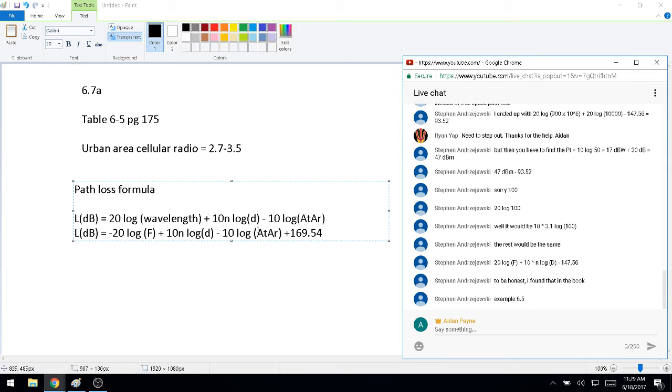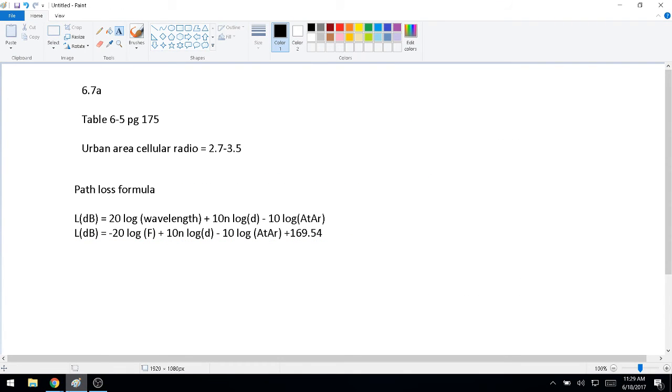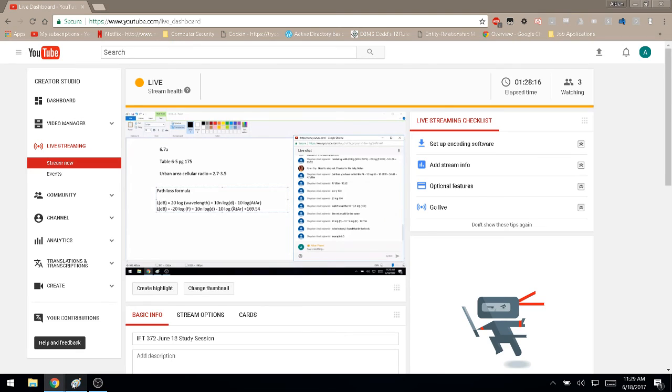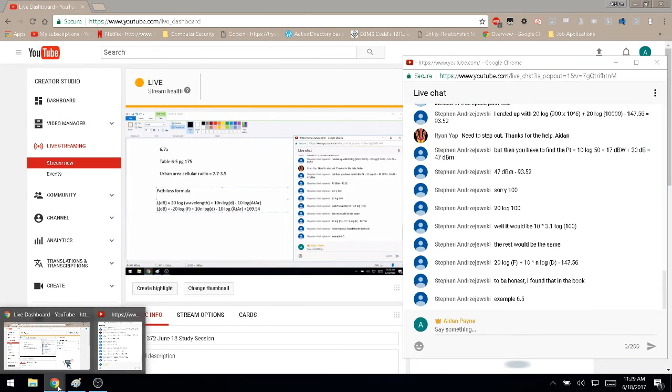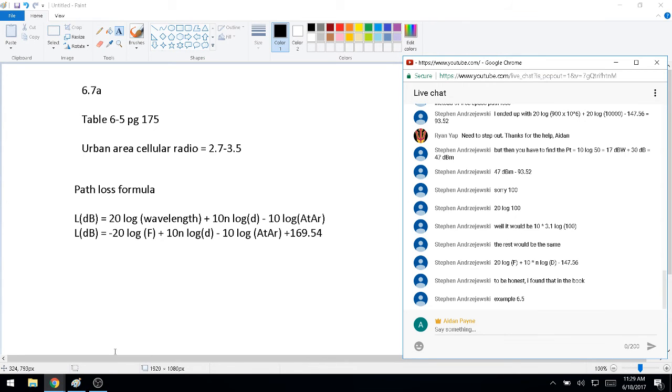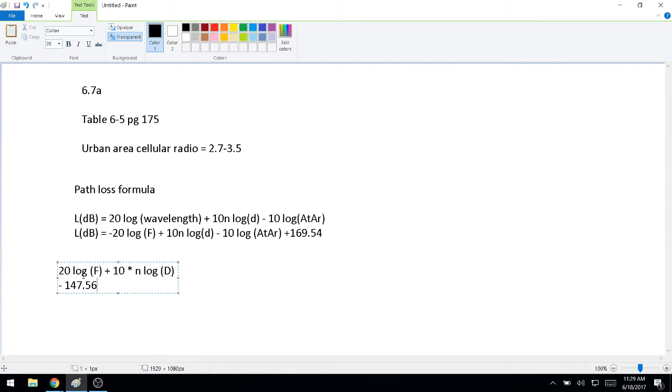Okay, so here's the thing, is that the free space, what Stephen gave in Stephen's formula is correct. It's the correct one to use. But most of you are probably familiar with seeing it like this and realizing that it's the free space loss formula.